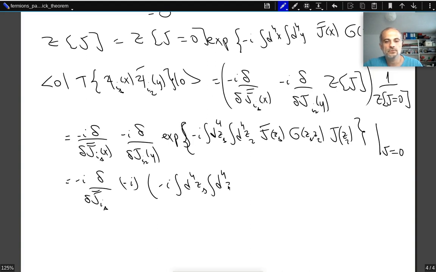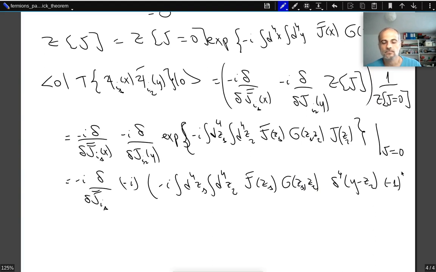d4z1, d4z2. Now you see I'm just commuting this functional derivative over a Grassmannian variable, so I get a minus sign: j bar of z1 and g of z1 minus z2, the functional derivative of j of z2 with respect to j at y would be Dirac delta to the 4 of y minus z2, and I have a minus 1 because this derivative, which is itself a Grassmannian operation, anti-commuted with this one.